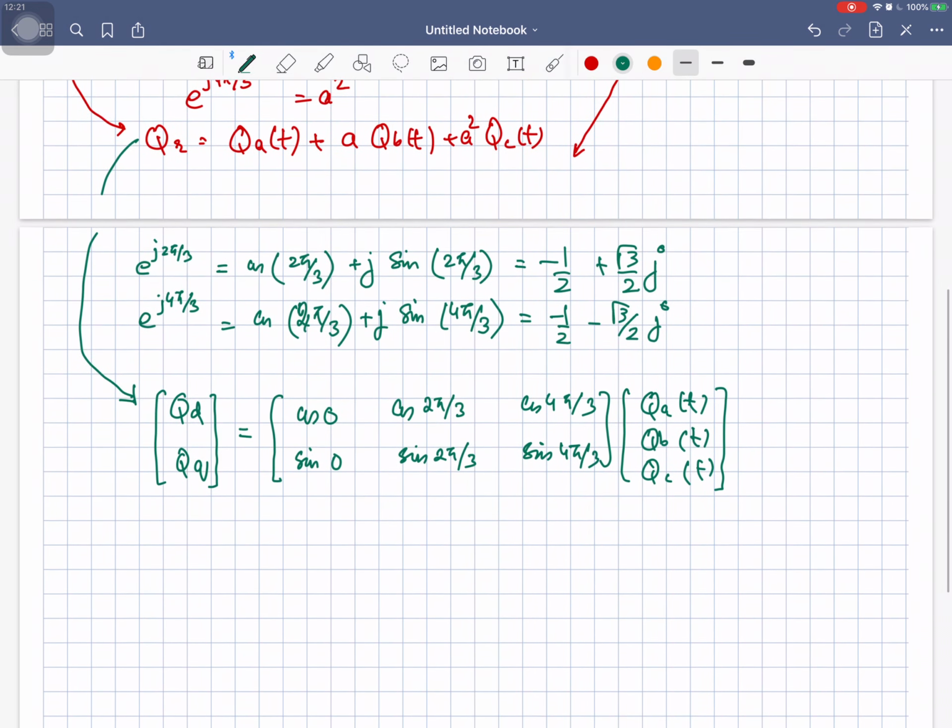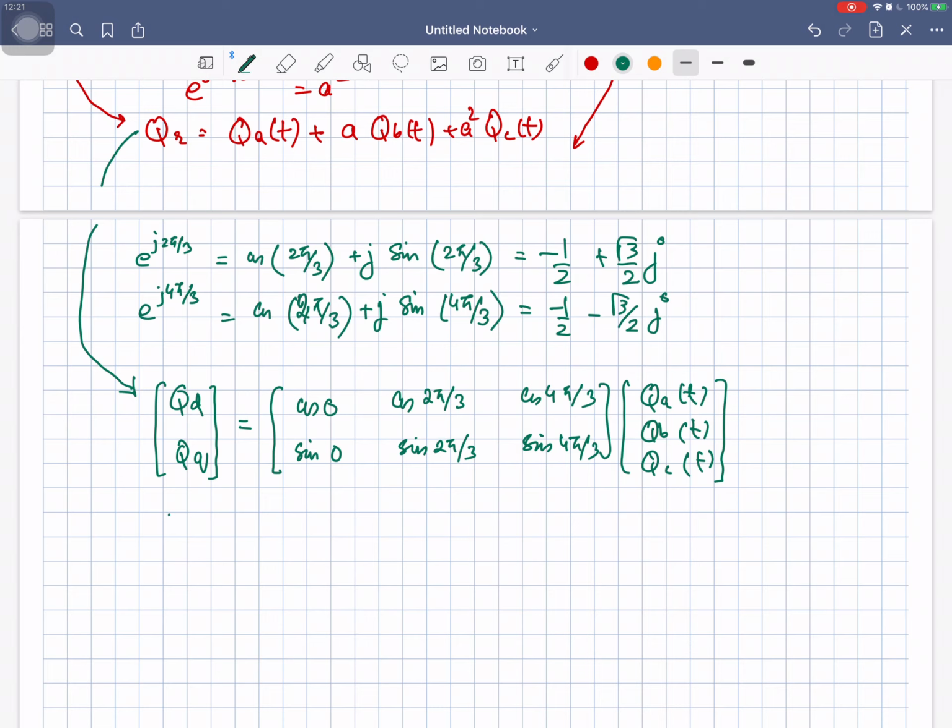Right? Now simplifying it further, I can say that QD and QQ is equal to 1, minus 1 by 2, minus 1 by 2, 0, root 3 by 2, minus root 3 by 2 into QA, QB and QC.